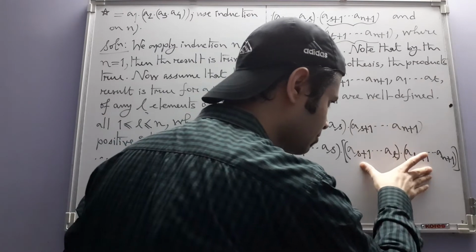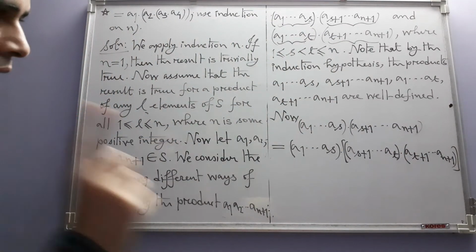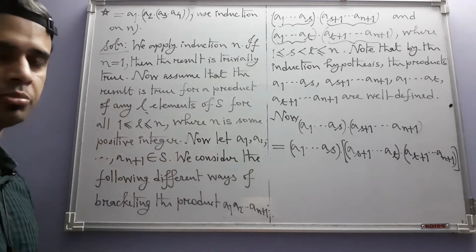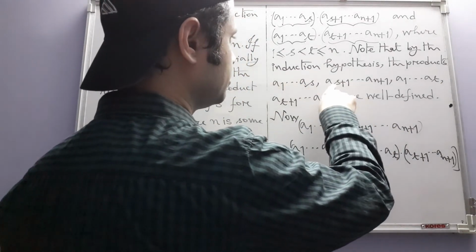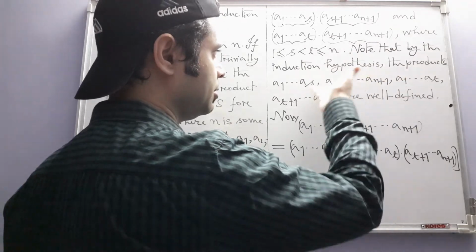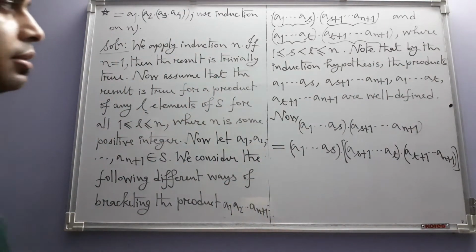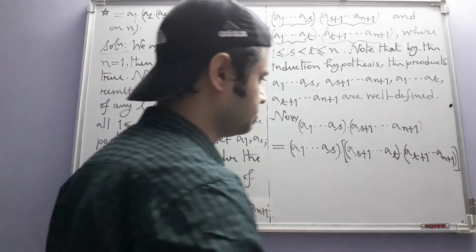This itself has been written in a bracketed form, and that can be done because of our induction hypothesis. This is one of these products, no? This one. So according to our induction hypothesis, we can bracket it in any way we want. Its length is less than n plus 1, that's why.